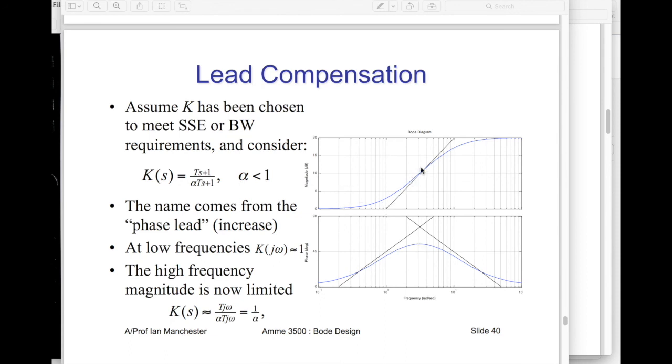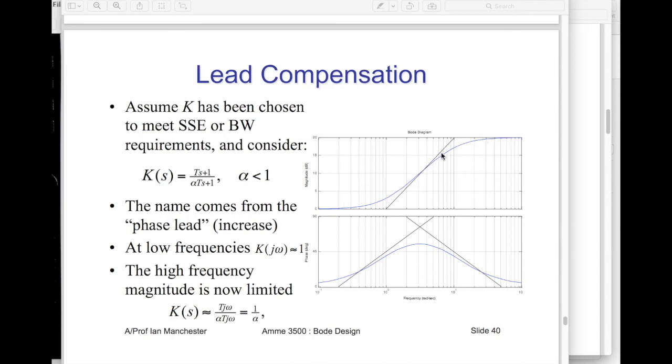We also notice from the Bode plot that this is also going to increase the gain. Remember, from Bode's gain-phase relationship, roughly speaking, the phase plot is the slope of the gain plot. So if you want a boost in the phase plot, that requires a section of the gain plot where the gain is increasing.